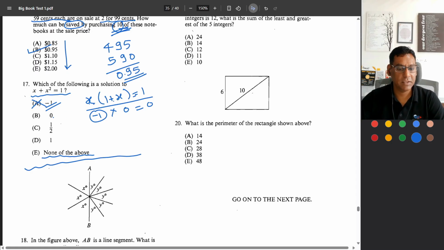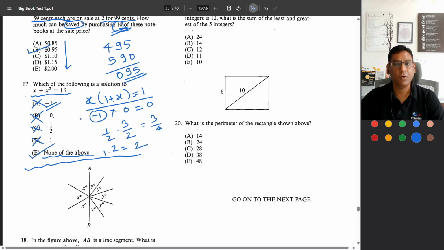If x is 0, this becomes 0 times 1, again 0, not 1, so this is out. Half: half times half plus 1, that's 3 by 2, gives 3 by 4, not 1, so this is out. If I take 1, what do I get? 1 times 2, I get 2. I don't get 1, so the answer has to be none of the above.